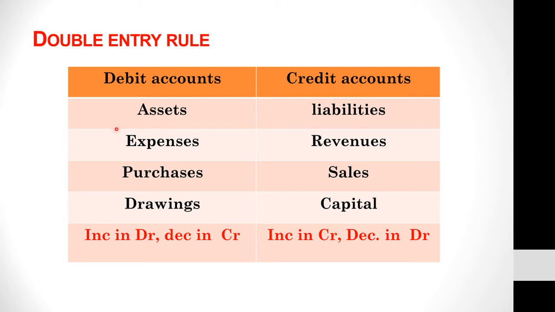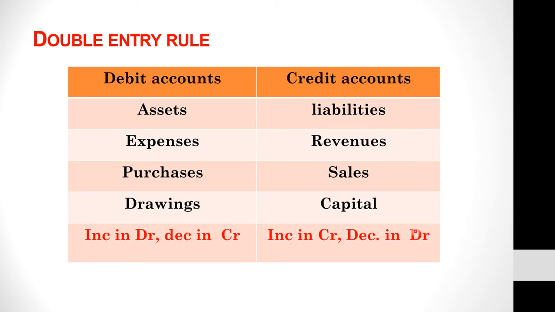If the account is a normally debit account, and it increased, it will stay within the debit side. If it decreased, you place it within the credit side. But if the account is normally credit and it increased, you place it and keep it within the credit side as it is.